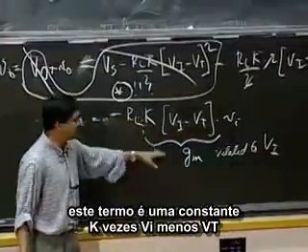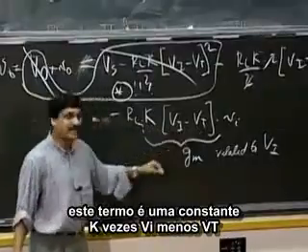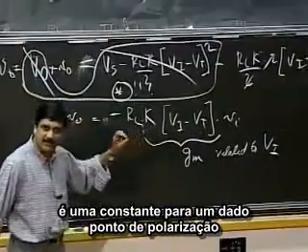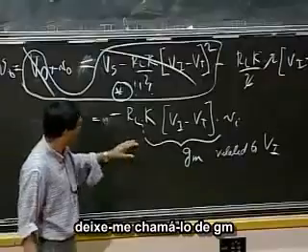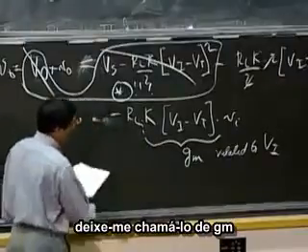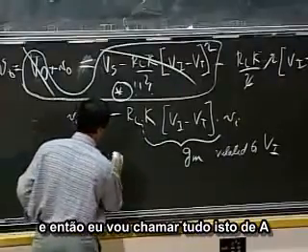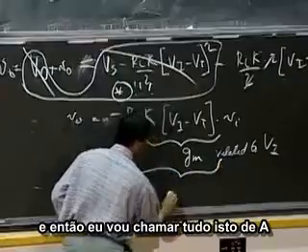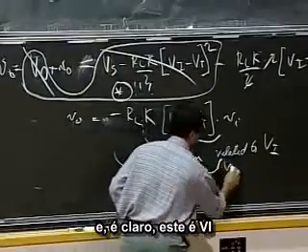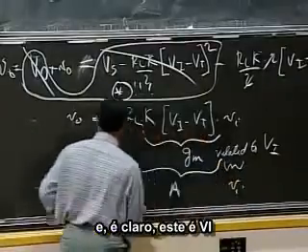I'm going to call this term K (Vi minus Vt), a constant for a given bias point voltage, GM. And then I'm going to call this whole thing A. And of course, this is vi.